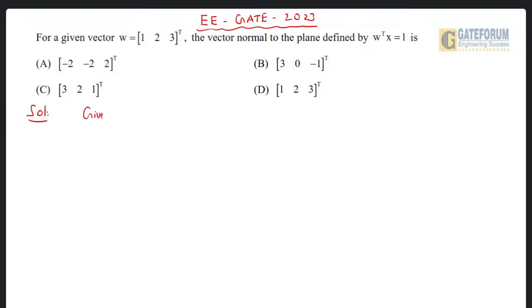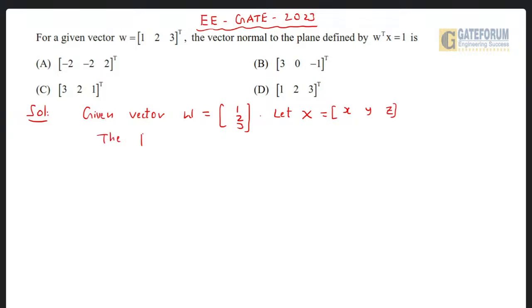Given vector W is equal to 1, 2, 3 column vector. Let X be the vector x, y, z, three variables.